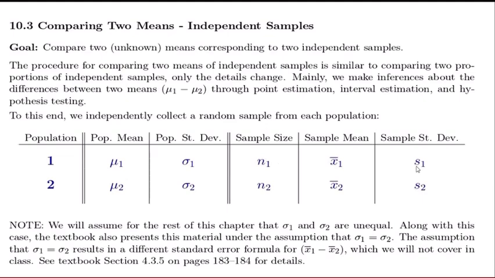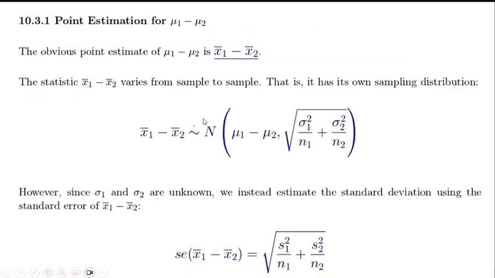We also figure out the sample standard deviations. These are the numerical statistics we get. We can also make an assumption on whether the population standard deviations are equal, and at times we could relax that assumption.